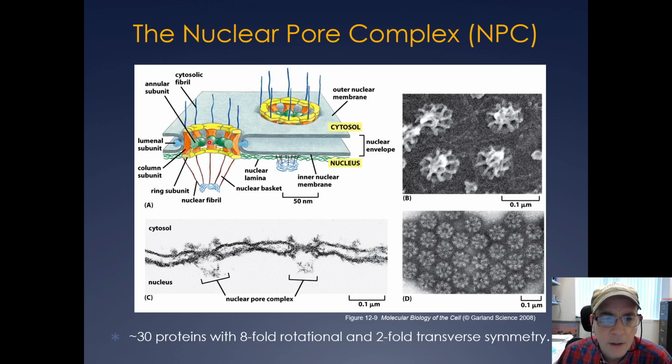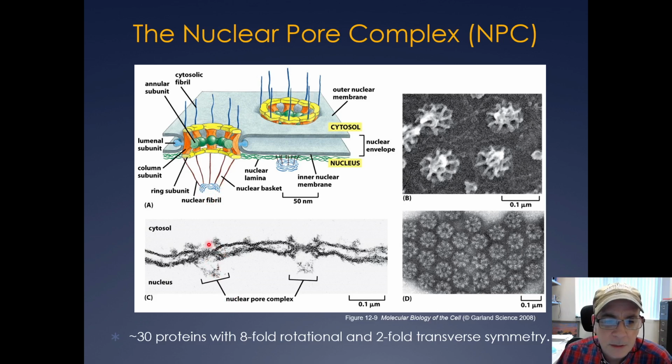You have this annular subunit on the interior, shaded green here, and then you have these column subunits that are spread around it. And then in the nucleus itself, you have this thing called the nuclear basket. Okay, and these nuclear baskets have little nuclear basket filaments that come down, and then you have the catch can down at the bottom here.